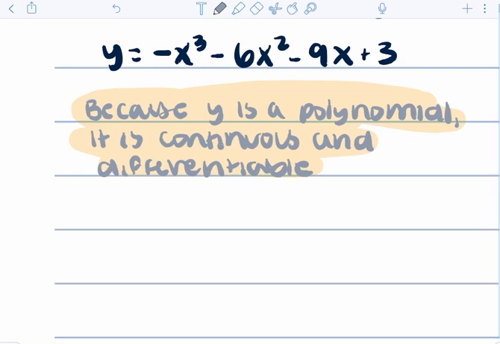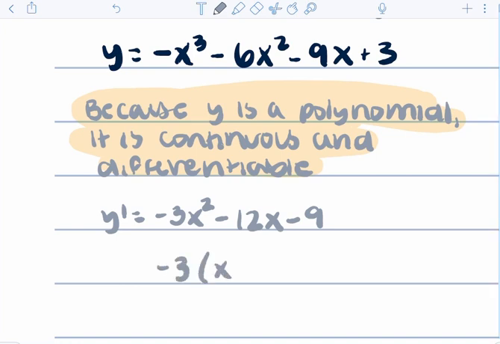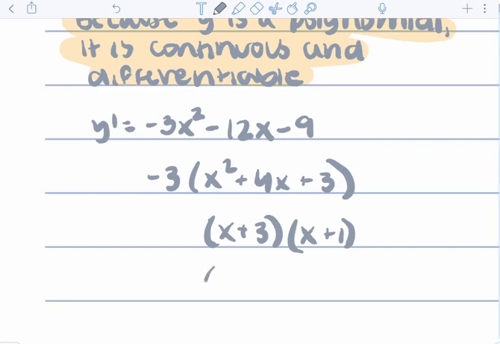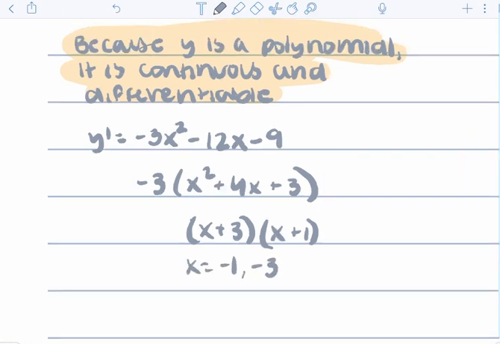So the derivative of y equals -3x squared minus 12x minus 9. And then we can take out the -3, to get x plus 3, x plus 1, so x equals -1 and -3.